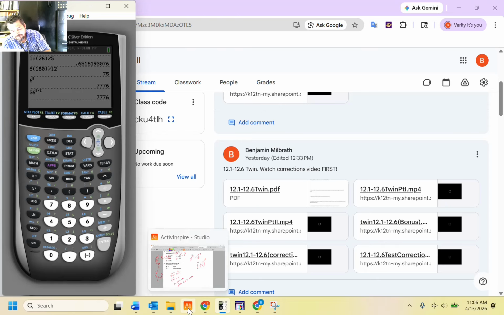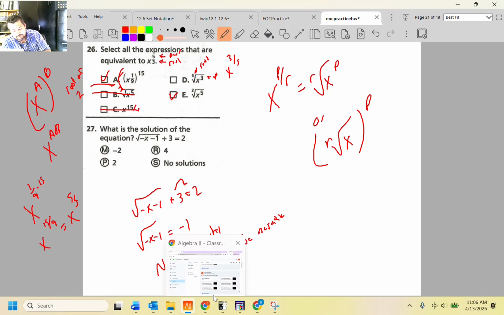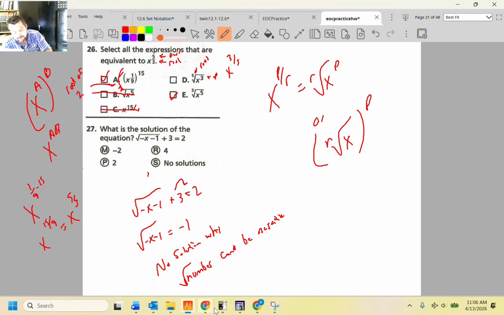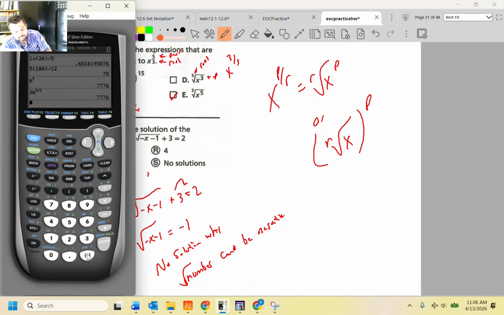Even if you just go through here, like I said, I'd show you 3 ways. So if you take a -2 and plug it in, I have the square root of -2 minus 1. My TI-84 is just going to complain, right? By the way, we're supposed to equal 2. If I plug a 4 in, I'd have the square root of negative -2 minus 1, and then it says plus 3.